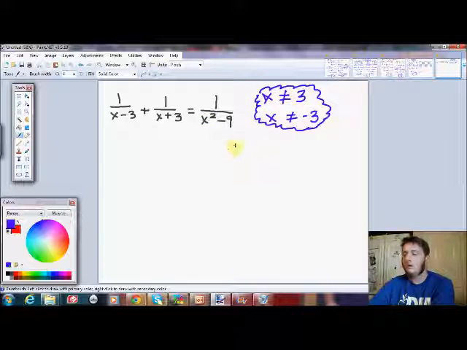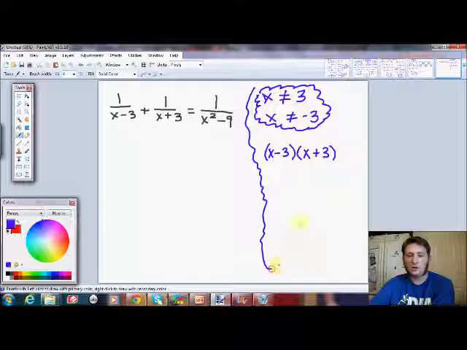I'll also give you a little hint on this problem. If you take the two denominators on the left hand side and you distribute those together, just like scratch work before we even start the problem.